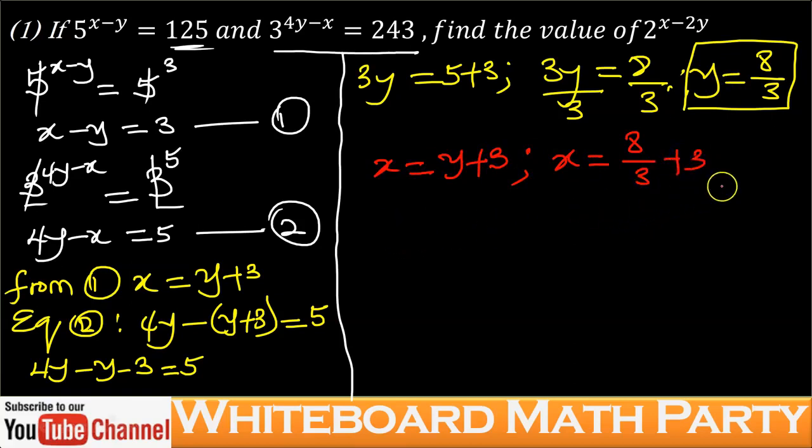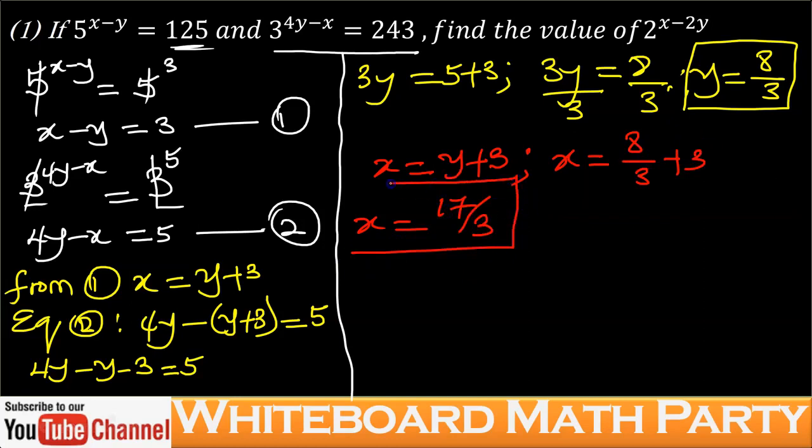Working it out fractionally, x is going to become 3 times 3 is 9, so 9 plus 8 is 17. That leaves us with 17 over 3. That is the value of x. So we have successfully found the value of x and the value of y.